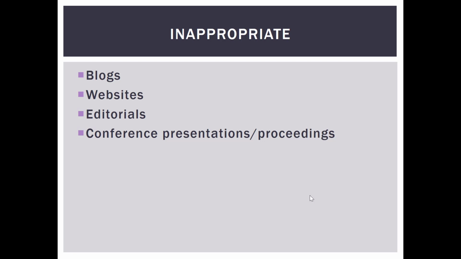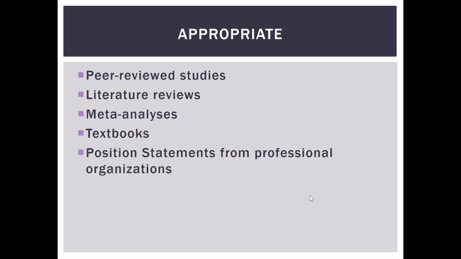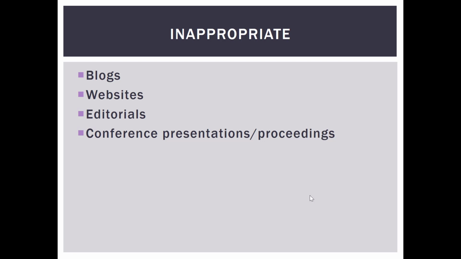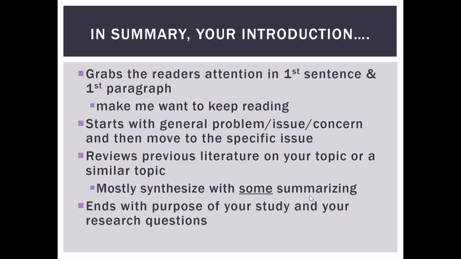It's not to say that you can never use these, but the merit of the peer-reviewed studies is likely to outweigh an opinion that you might find on a blog or website.